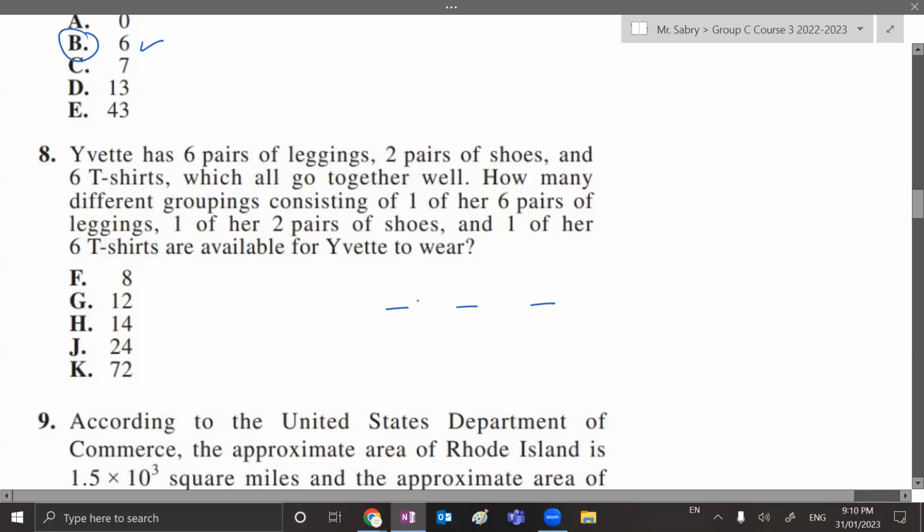So how many different leggings are available? 6. And then how many different t-shirts are available? 6. And how many different shoes are available? Just 2. If you multiply those by each other, that would get you the different possibilities of outfits that she could wear using those items, which would be a total of 72. So K is the correct answer.